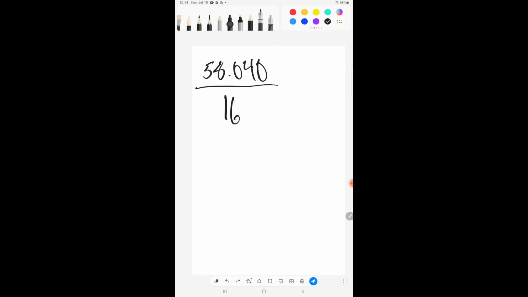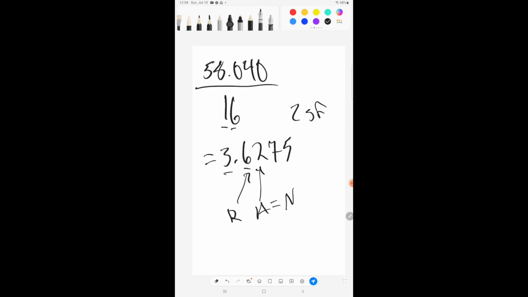Okay, so this calculates to be 3.6275. We want 2 sig figs. So 1, 2. This is the rounding number. This is the adjacent number, which in the previous video I denoted as n, but I like adjacent better.